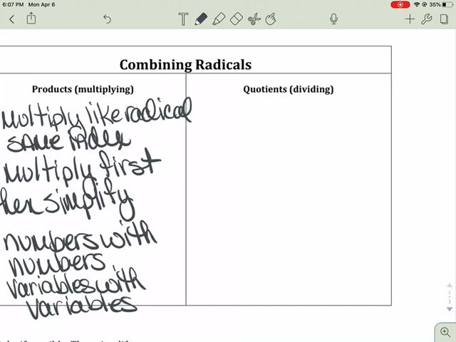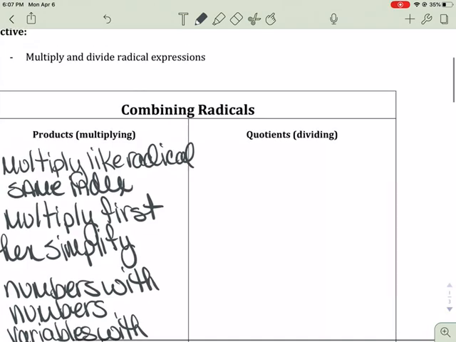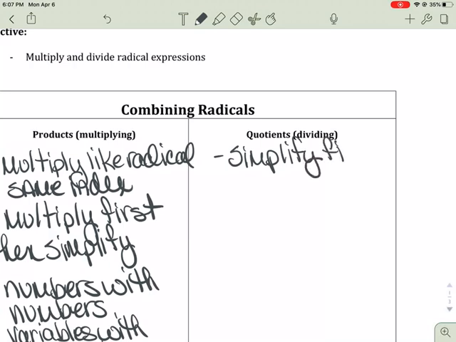Now with quotients, unlike multiplying where you're going to multiply first, then simplify, for quotients or dividing, you're going to simplify first. Okay, now what I mean by that is that you're going to simplify up and down. So think of it as reducing the fraction, and it's going to make your life so much easier. And again, we have to do it with like radicals. Okay, so radicals with radicals.